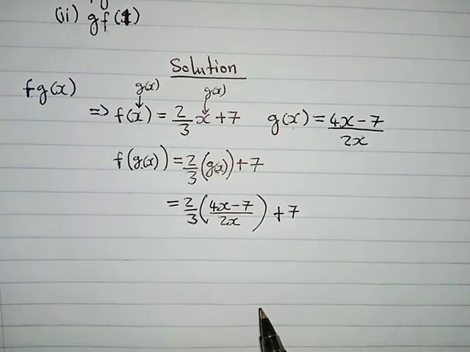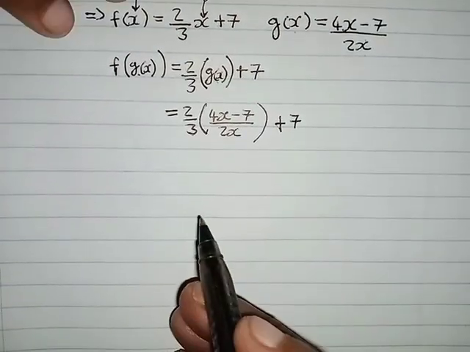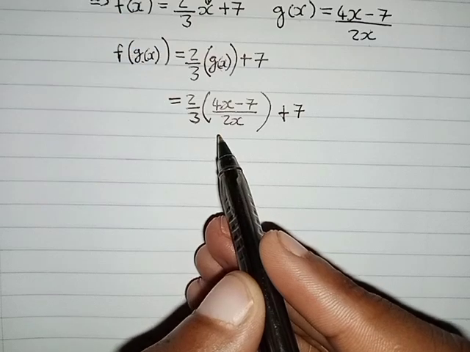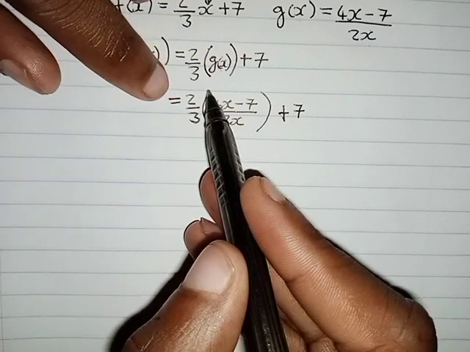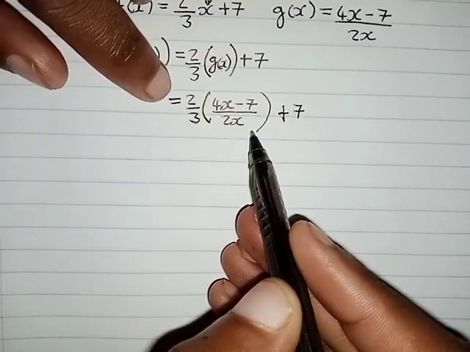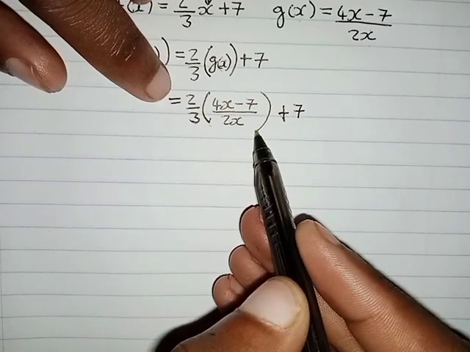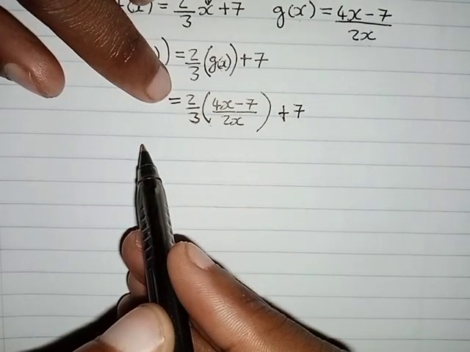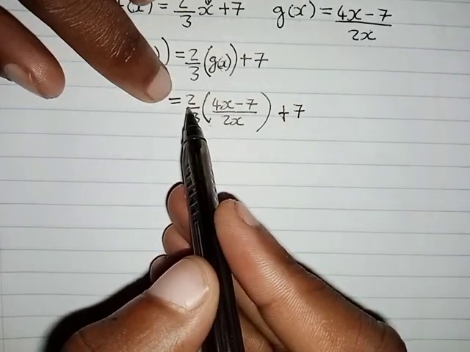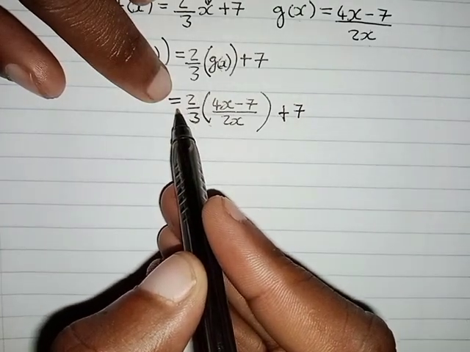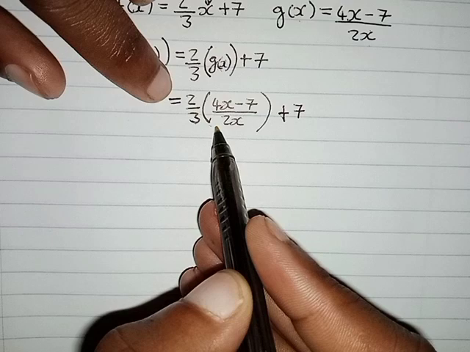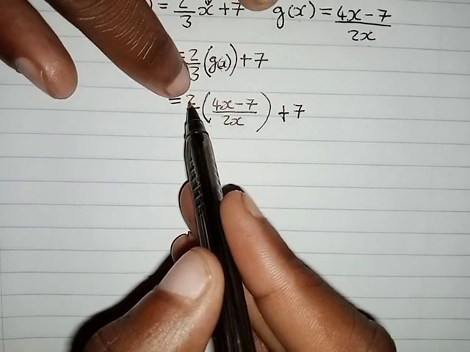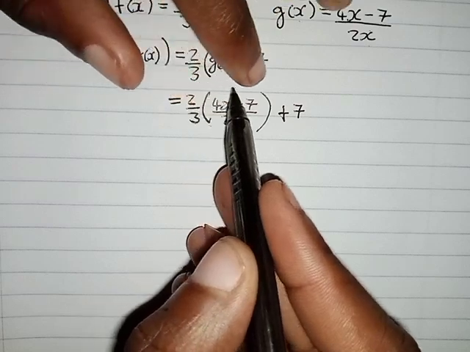Now, let us simplify this to get the final answer. Since this is in parentheses and the parentheses mean multiplication, where you have multiplication, you enjoy the property of cancellation. So we can cancel the 2 on top with the 2 which is down. But there's another procedure, where we distribute the 2 with whatever is on top.